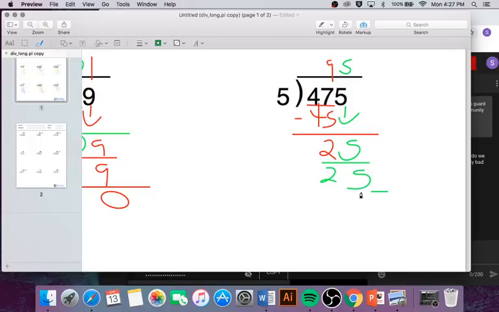And we're going to subtract. 25 minus 25 is 0. So our answer to 475 divided by 5 is 95.